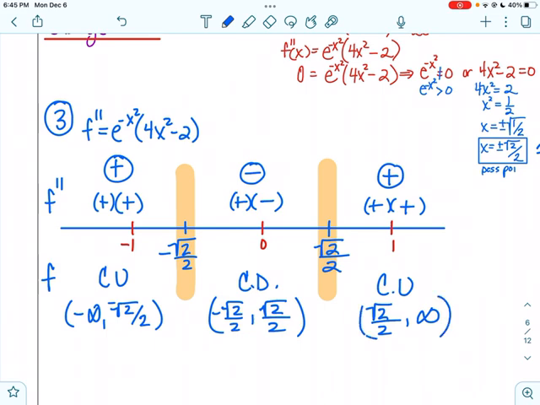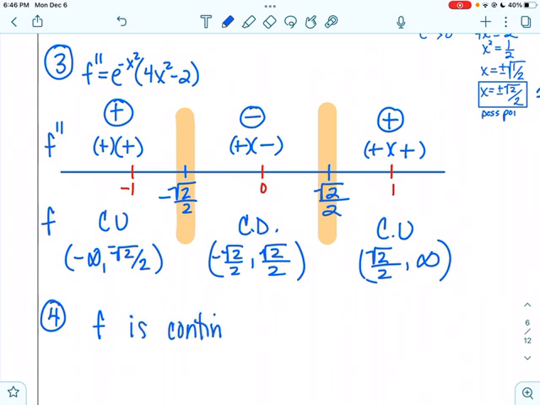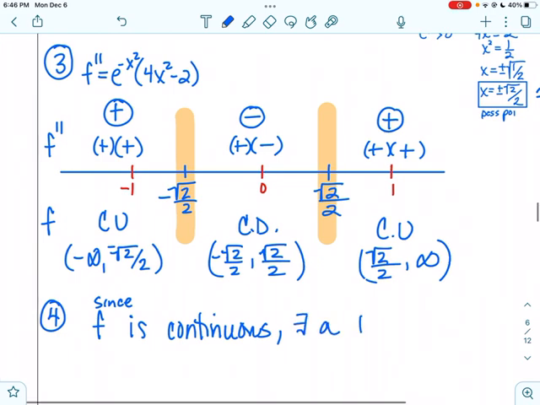So that means that since the function is continuous, we can make a conclusion: since f is continuous, there exists a POI, point of inflection, remember, at these points, let's say x for this one.